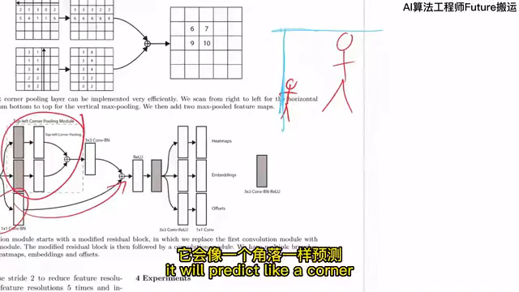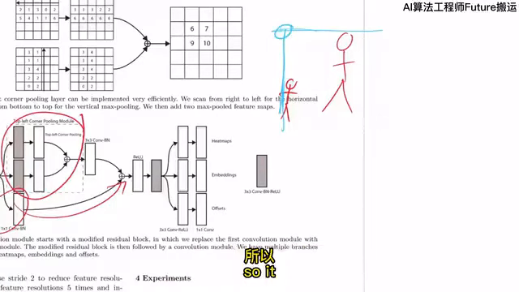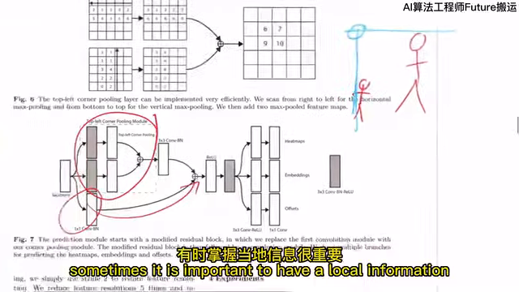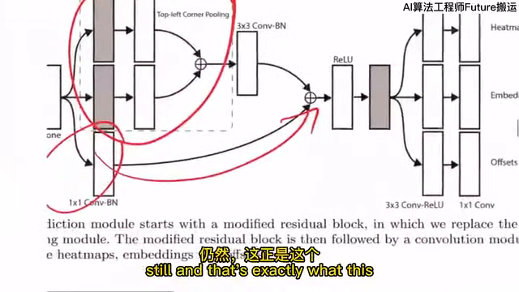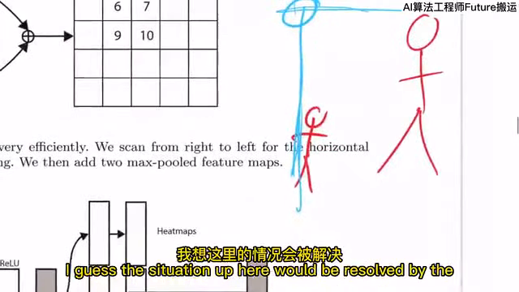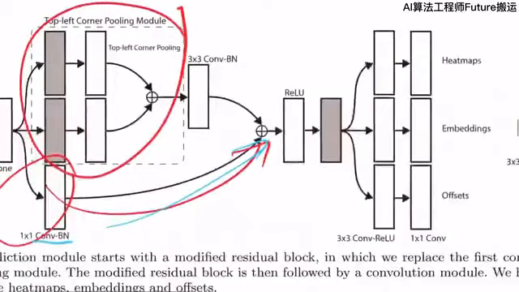So it will predict a corner maybe here where there is none. So it's sometimes important to have local information still, and that's exactly what this skip connection is supposed to address. I guess the situation up here would be resolved by the different embeddings, but still.